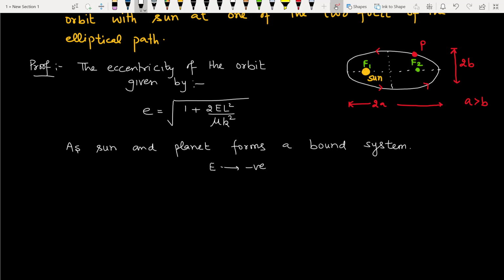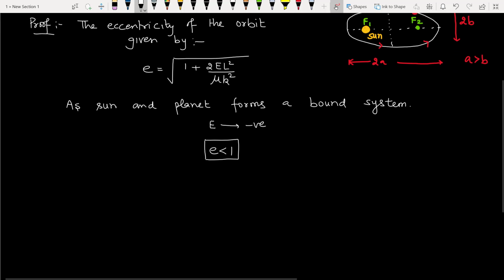For a bound system, total energy is negative, so e will be less than 1. If the eccentricity is less than 1, then the trajectory or the path will be elliptical in nature.